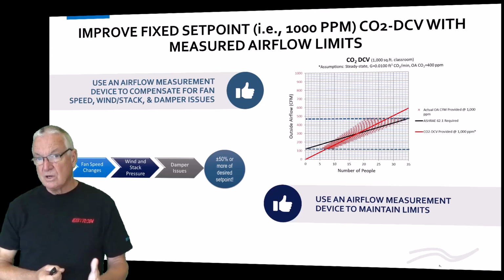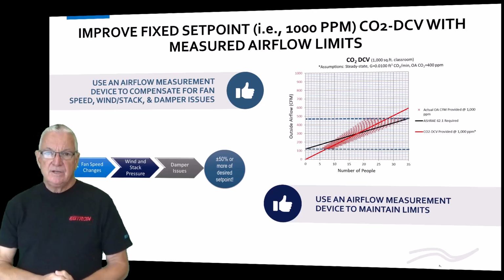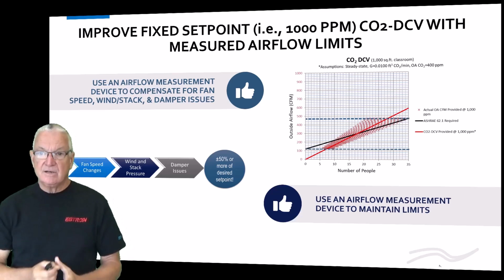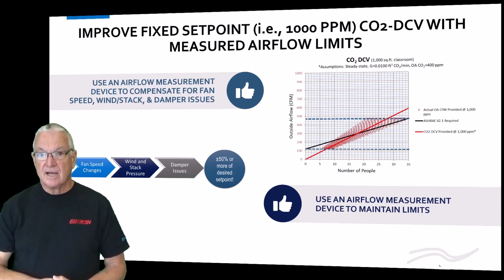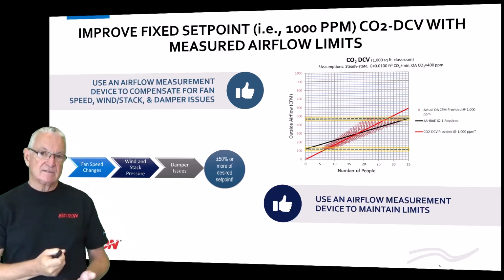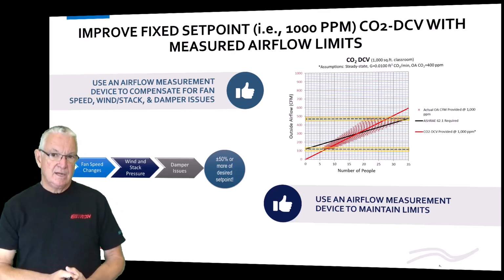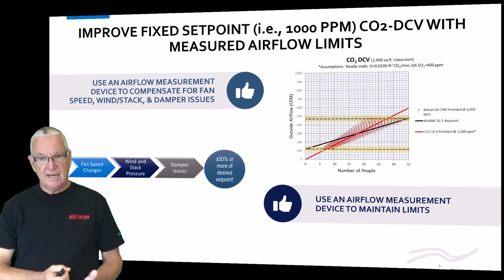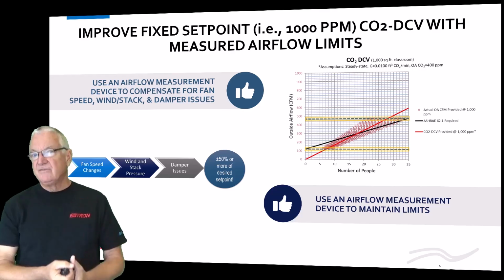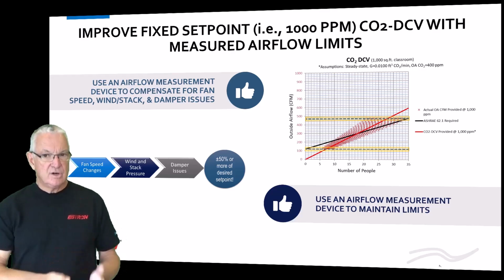So the best way to deal with it is to do measured airflow limits. Okay, measured airflow limits are going to keep you within the tolerance of the measured airflow rate, and this could be on an air handler at the intake, or this can be at individual ventilation zones of a DOAS system.